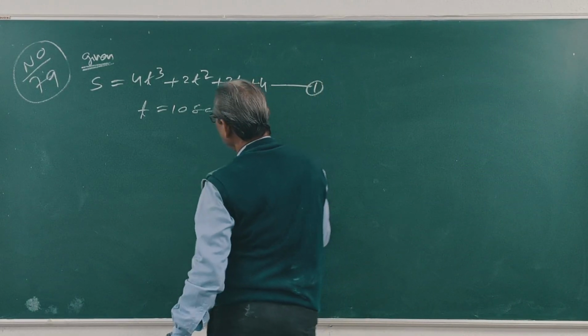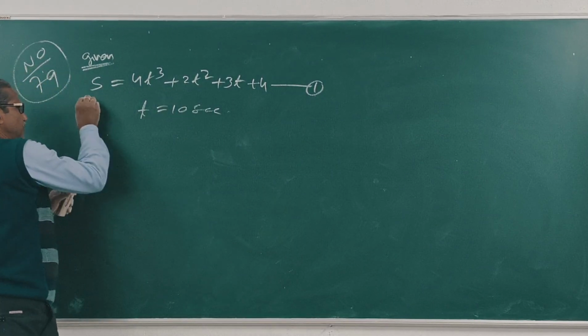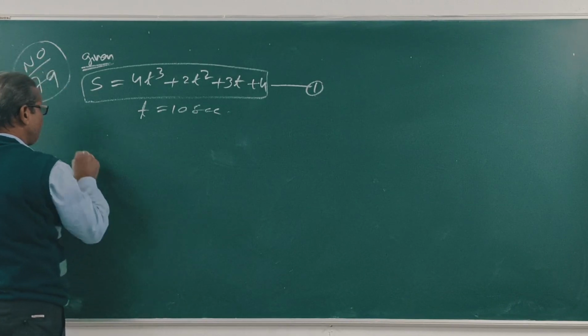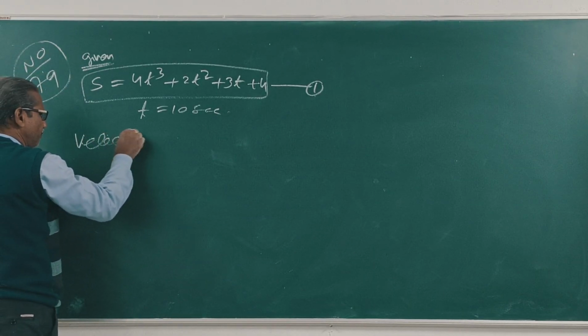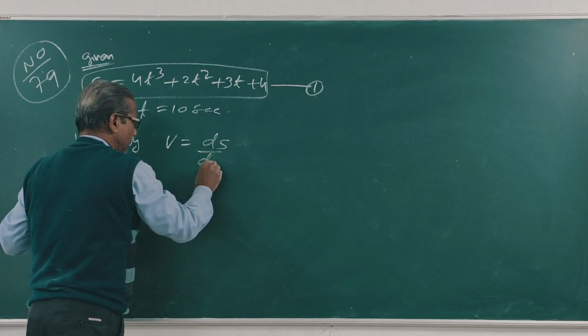Now, this equation 1 is displacement or distance. Now velocity. What is v equal to? ds by dt.